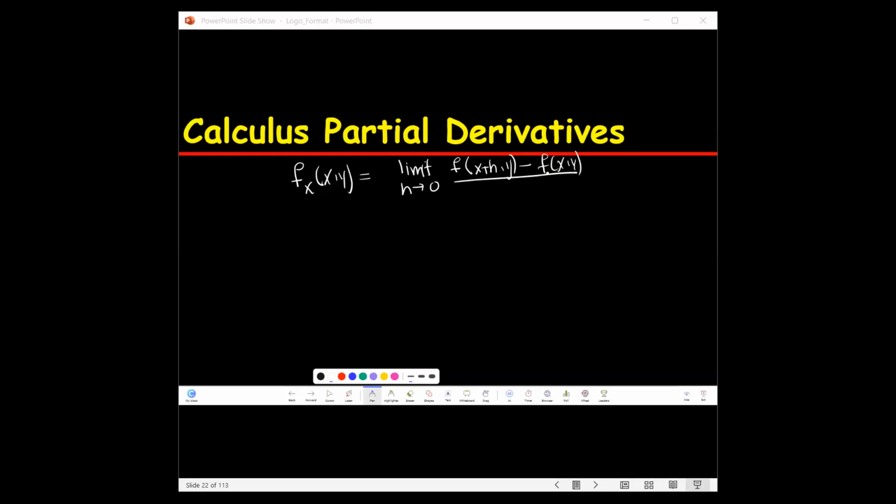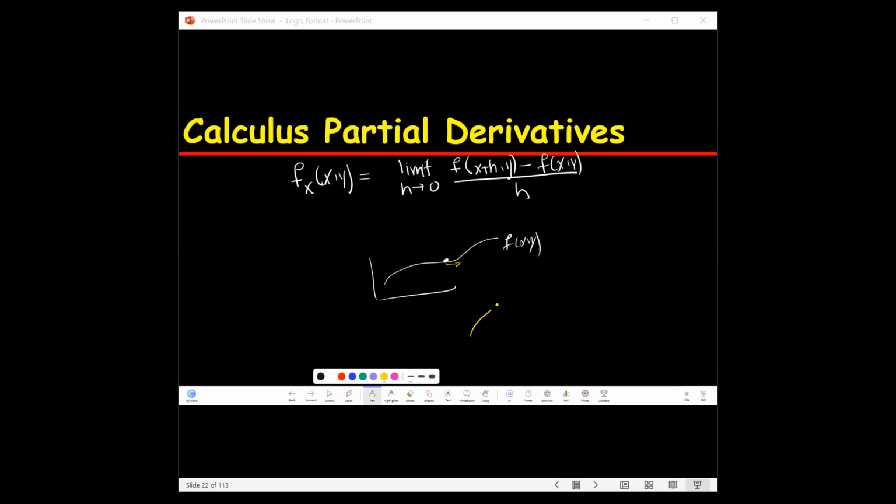And divided by h. So really what does that mean here? Suppose this is a function f(x,y), and you want to take its partial derivative. Really what you're doing is coming to a point, and asking yourself what's going to happen to the function if only x is changing, y is not changing.